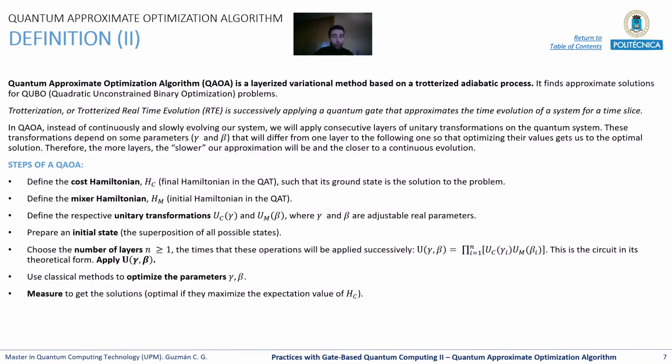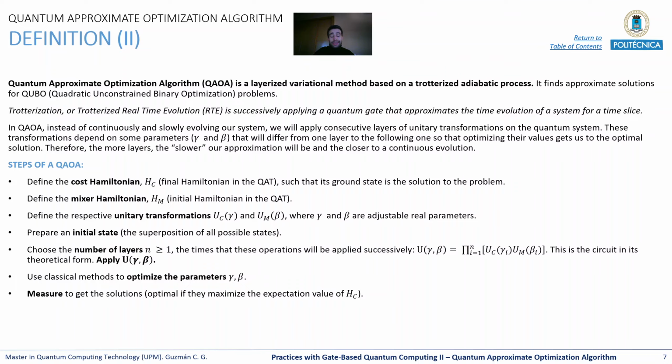Then we prepare, as always, an initial state that will be the superposition of all possible states. We choose the number of layers, which will mean the number of time slices, so the velocity of our evolution. Of course, it has to be at least one.